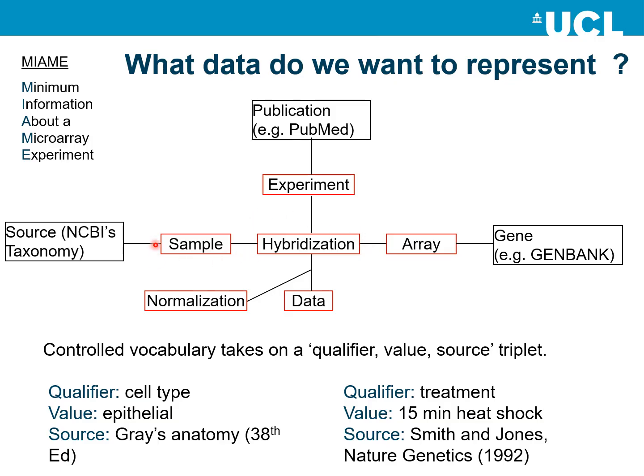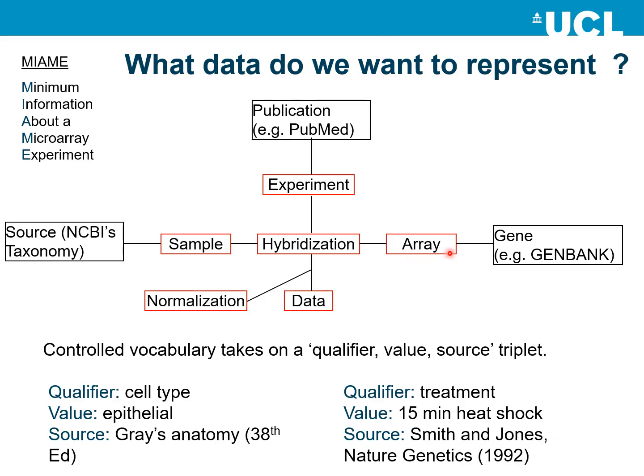What is the experimental design? Well, it describes how the samples were dyed and then which samples went onto which arrays. So this is really described by the hybridization. What samples were hybridized onto which arrays? So if it was an Affymetrix array, there would just be one sample hybridized onto it.